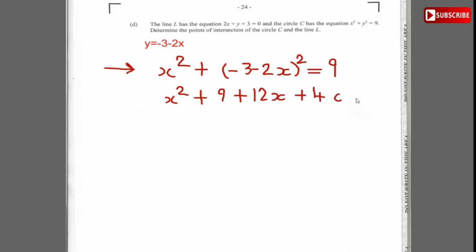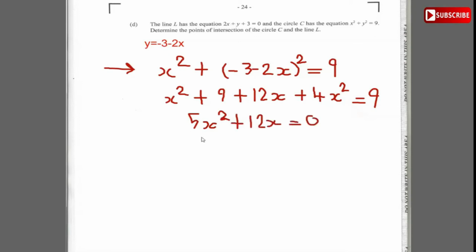And that is equal to 9. Now the 9s are going to cancel. x squared plus 4x squared is 5x squared. This is now 5x squared plus 12x equal to 0.